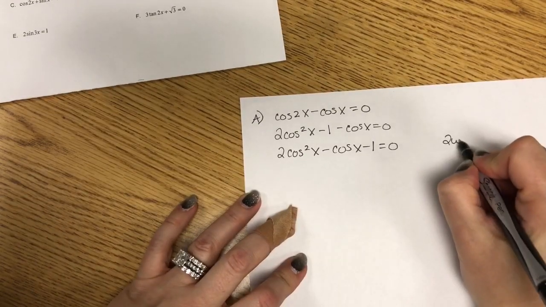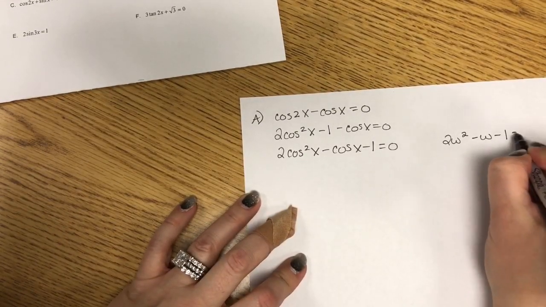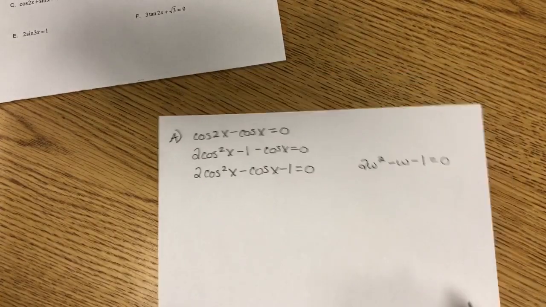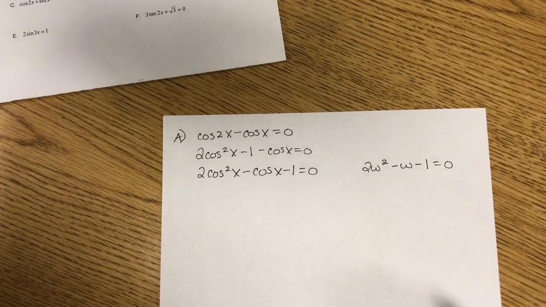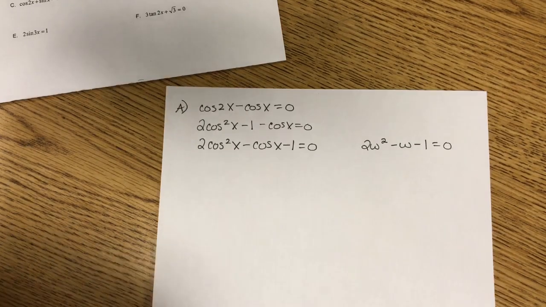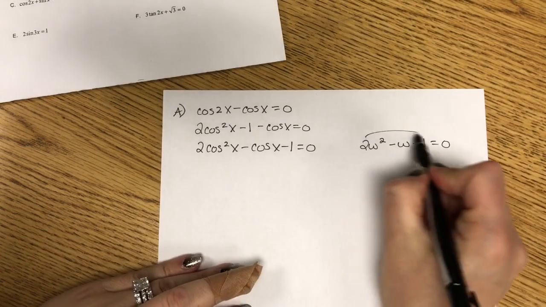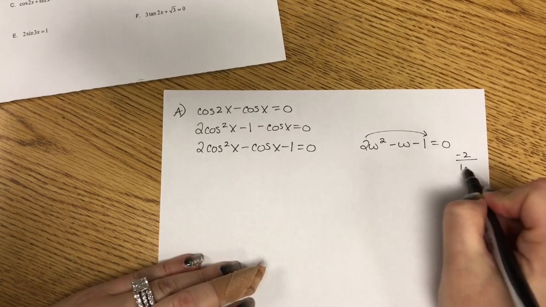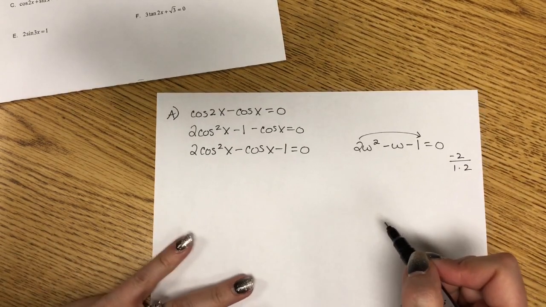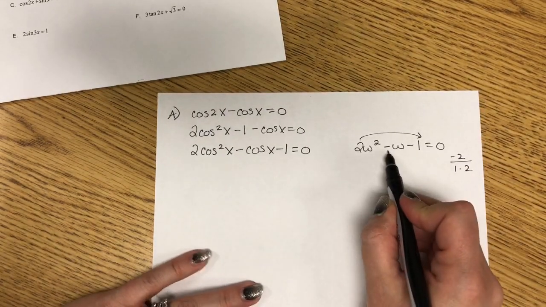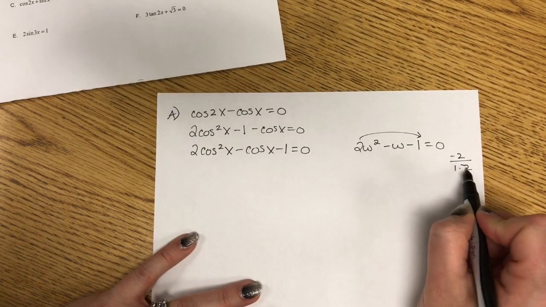So to factor this, I'm going to imagine a quadratic without cosines. I like box method. You could split the middle. You could just guess and check. 2 times -1 is -2. The only way to get that is to multiply 1 and 2, but I want to add to -1, so the 2 has to be negative.